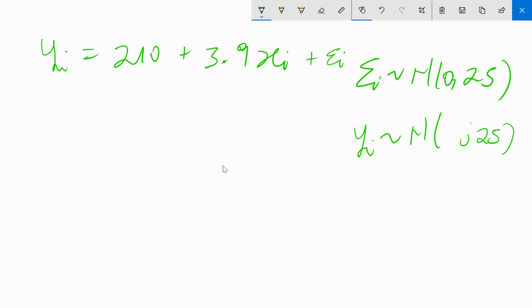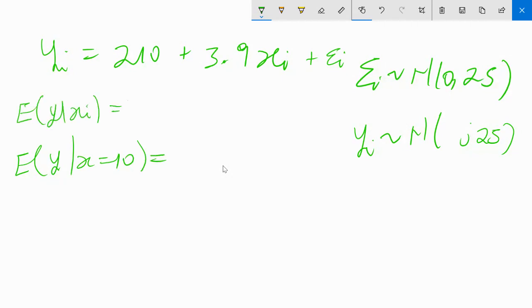Now we want the mean of y, the expected value of y for x, which is given by beta 0 plus beta 1 xi.